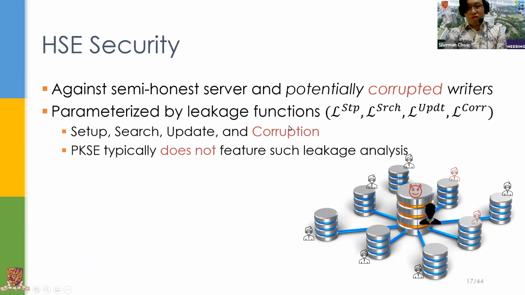We have our usual parameterized definition based on leakage functions: the setup leakage, search leakage, and update leakage, and now we have this corruption leakage. While that is pretty standard in DSSE for at least the former kinds of leakage, PKSE typically does not feature such leakage analysis, but we are trying to do something PKSE-like here.